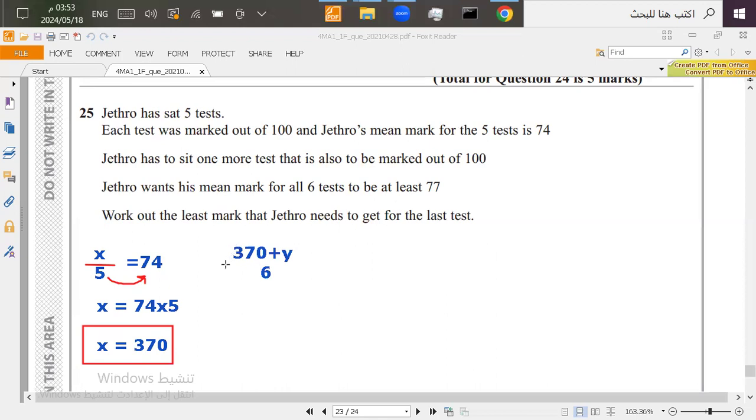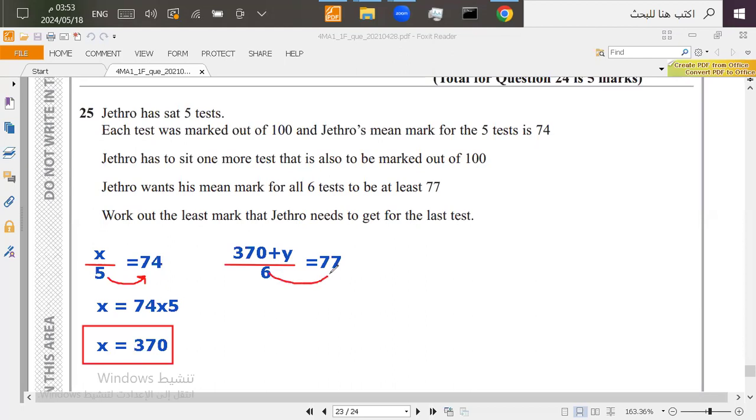We need the mean to become 77. So we need to know what is the mark which is needed in this exam to make the mean of these 6 exams 77.